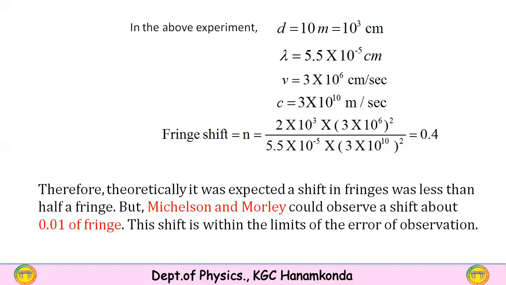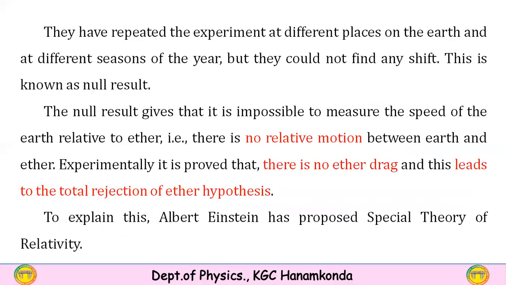Therefore, the practical observation of the Michelson-Morley experiment is that there is no fringe shift, which contradicts the theoretical result of 0.4. This result is called the negative result.